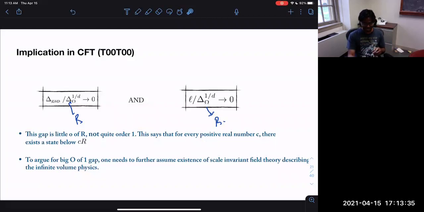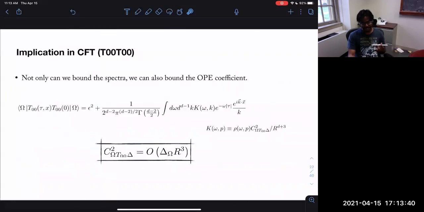And not only can you bound the gap by using these kinds of rules, you can also bound the OPE coefficient. Because you can recall that there is a quantity T00, T00, and in the macroscopic limit, it is related to something we call K omega K, which has support on omega equals 0 and K equals 0. And this quantity is basically related to the density of states and the OPE coefficients.